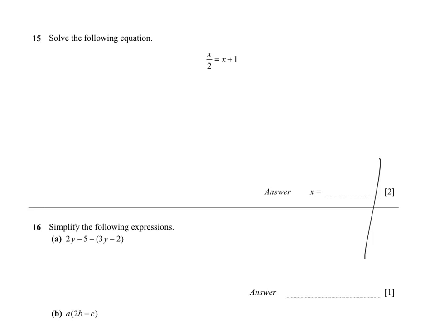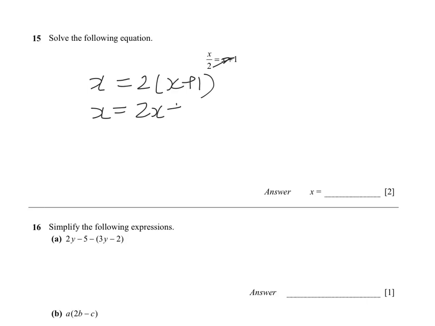Okay, so for this one, remember that the 2 you can cross multiply up. So you have x equals 2 times (x plus 1). Then you open up the bracket, then you cross the bridge and go over.